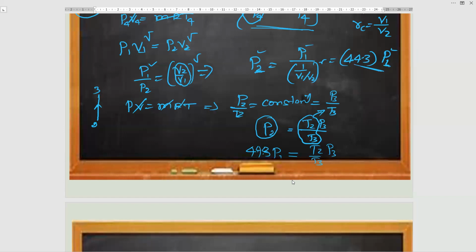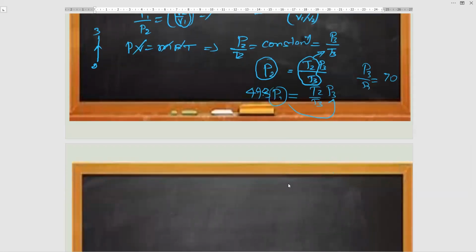And using this equation, you know the ratio P3 by P1, maximum pressure to minimum pressure, he has given as 70. So this term you take on the right hand side. So P3 by P1 is equal to T3 by T2 into 44.2. This ratio is given as 70.